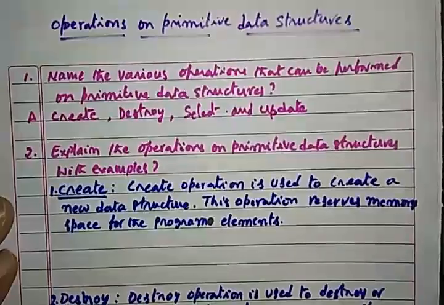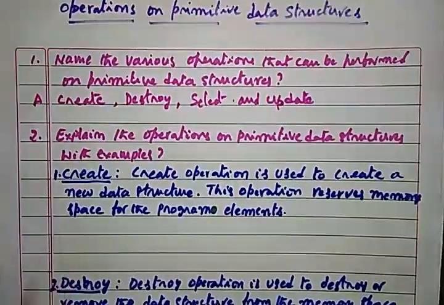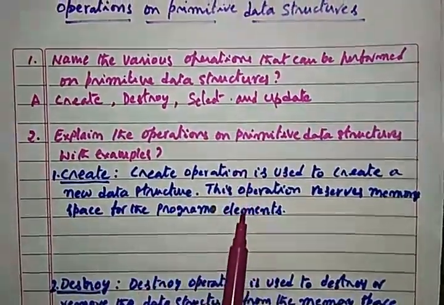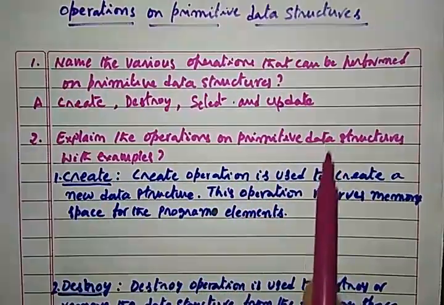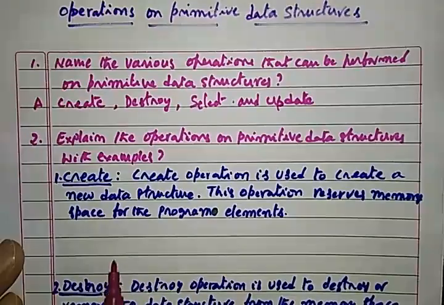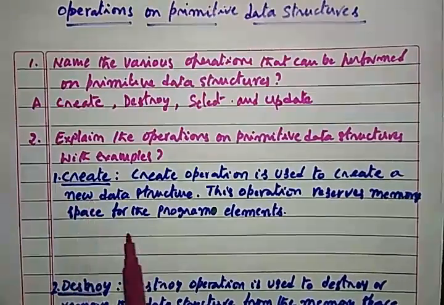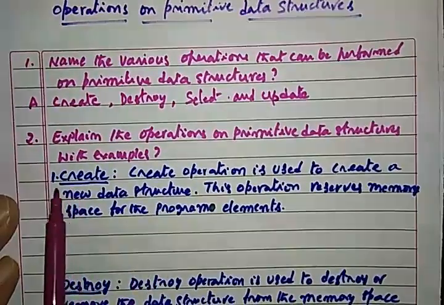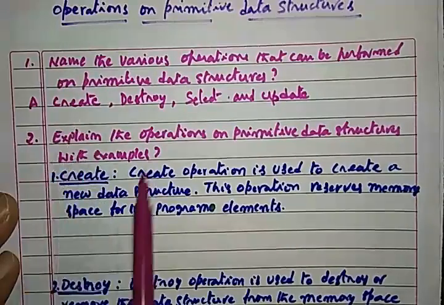Okay. So the second question in this is, explain the operations on primitive data structures with examples. All these 4 things which I have written just now, we will see very briefly with some examples and even definitions. That is also important. First one is create.